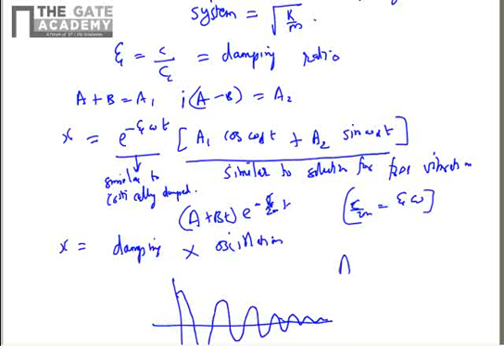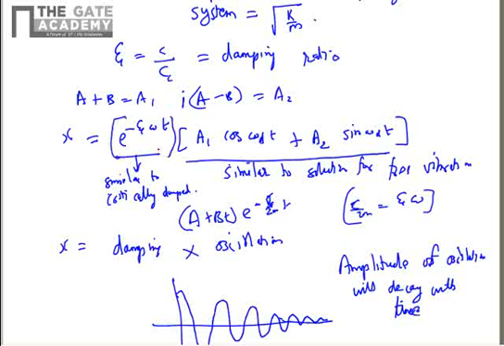The oscillations will occur, but the amplitude of oscillation will decay with time due to the exponentially decaying function that you have present here. As time increases, it gets multiplied with the amplitude and keeps reducing the value of the amplitude.